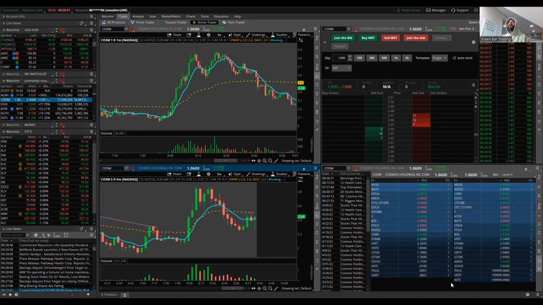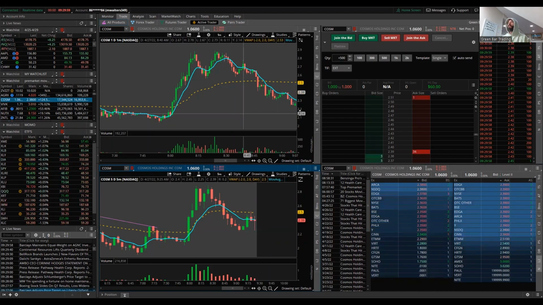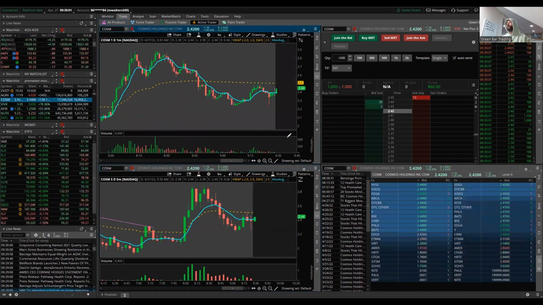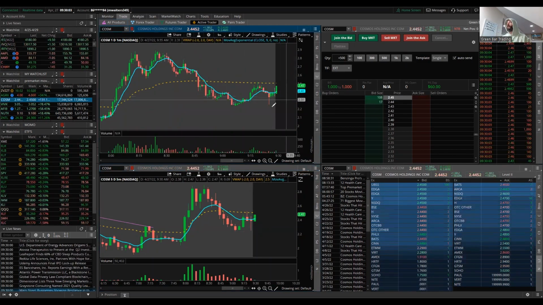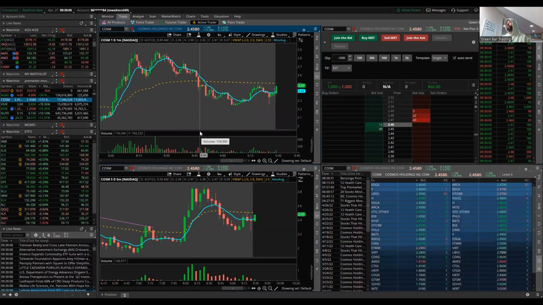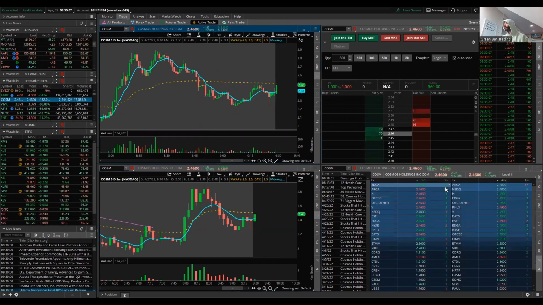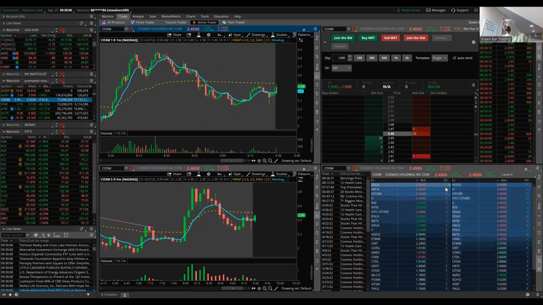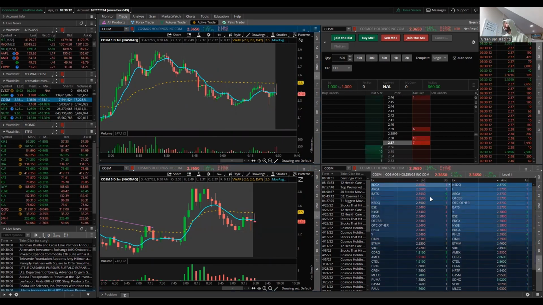But here we go, coming into the open. Let's see what these do. COSM, trying to push higher. Watching the level 2 here. Got rejected at VWAP.